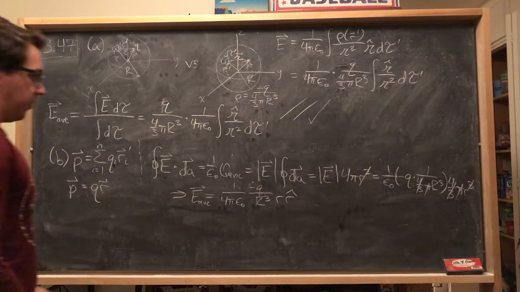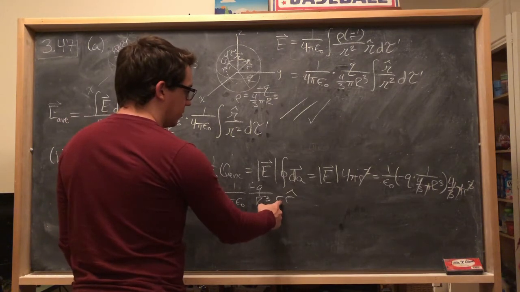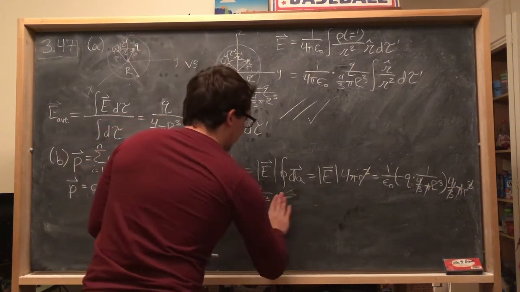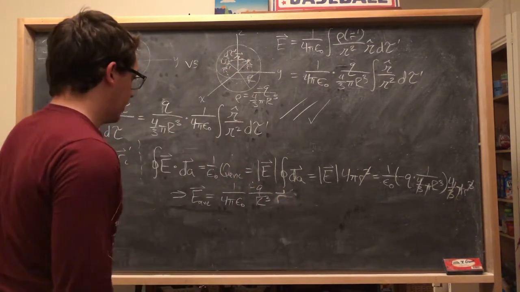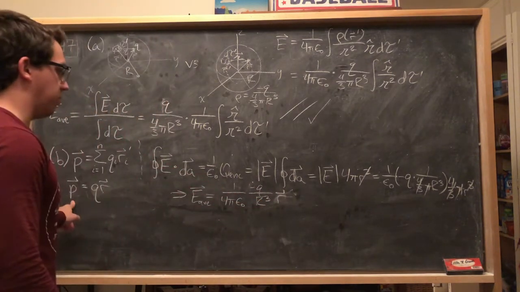And so we can see that R times R hat, well, this is the magnitude of a position vector times the direction of the position vector, and that is the same as just the position vector. So then our minus Q times the position vector here is our dipole moment.